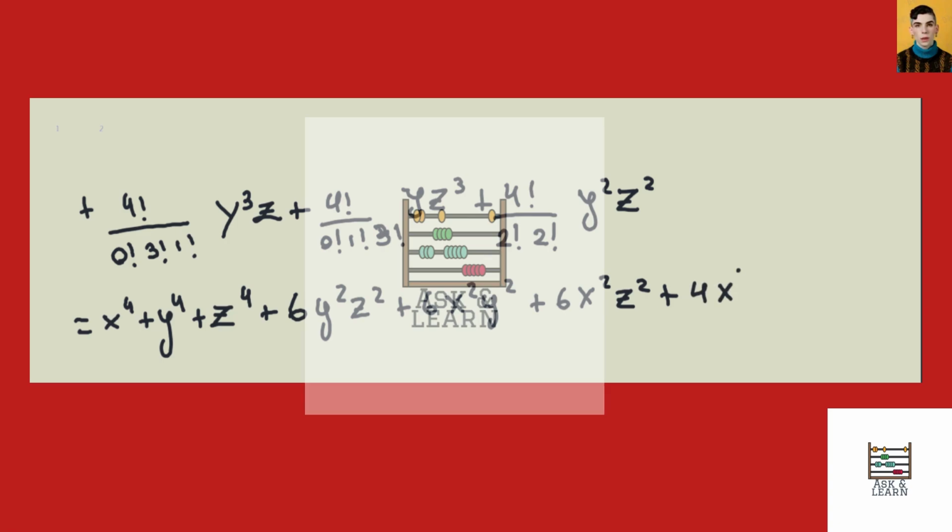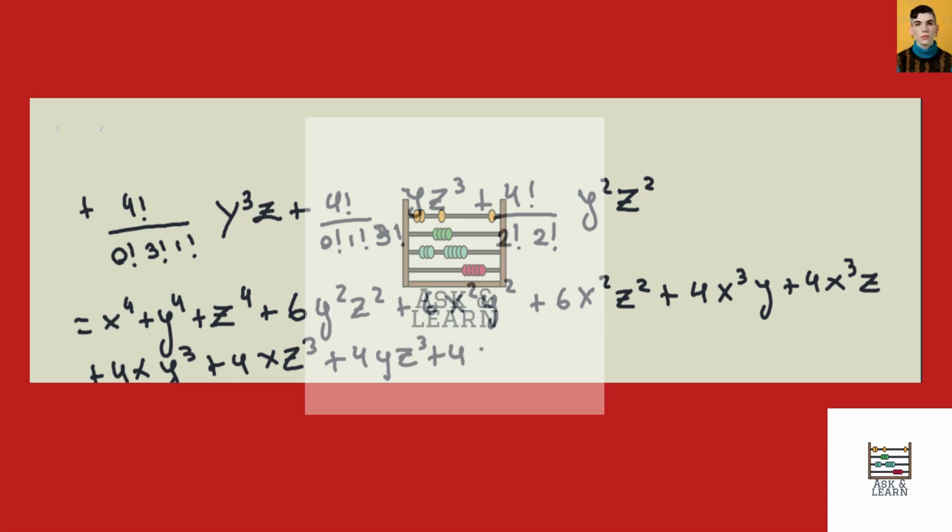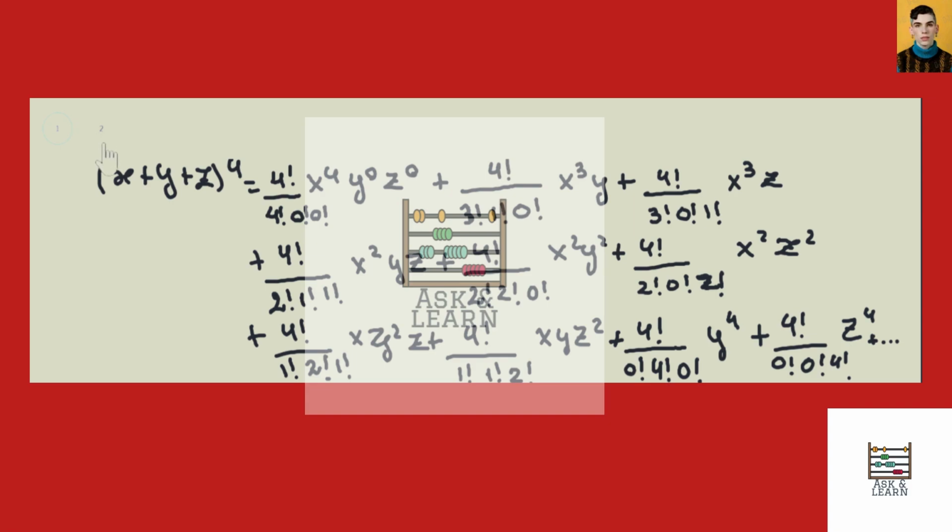So that's 4x to the 3 y, 4x to the 3 z, 4x y to the 3, 4x z to the 3, and the ones without x: 4y z to the 3, 4y to the 3 z. And those are almost all our terms.